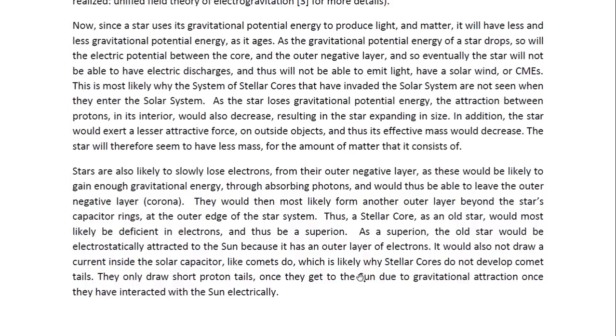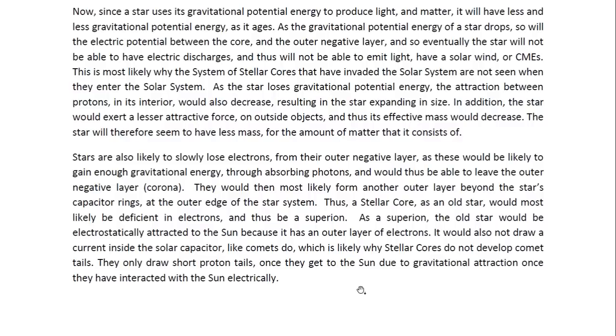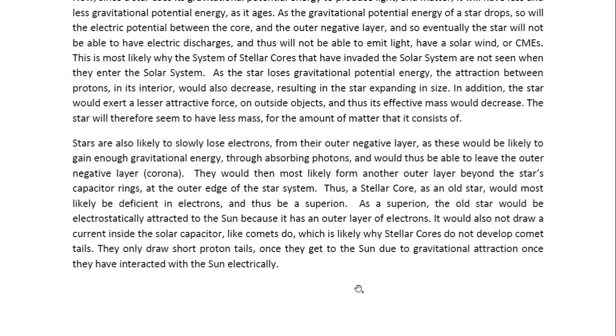Thus, a stellar core as an old star would most likely be deficient in electrons and thus be a superion. As a superion, the old star would be electrostatically attracted to the Sun because the Sun has an outer layer of electrons.